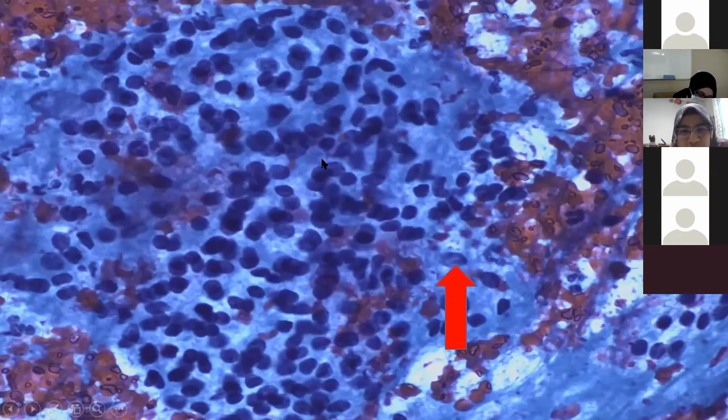Okay, sorry. So this is the focus up just to show you the grooving. Some cells show grooving and microfollicular structures. Okay, see the arrow, it is just to show you the grooving, if you can appreciate it on your computer.